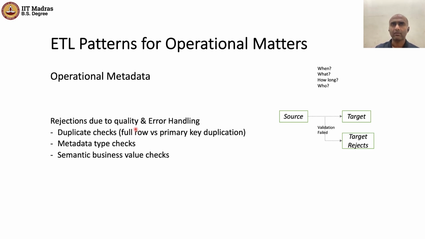But even there are scenarios where it could genuinely be possible that the entire row is coming again. So think about event sourcing. We spoke about this paradigm in week three's lecture. Event sourcing captures the changes as separate events. CDC, change data capture, is one such example of an event sourcing paradigm. You could have the record of a particular table be changed to some other value and be changed back to its original value.